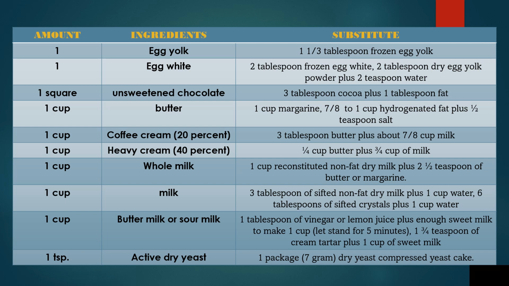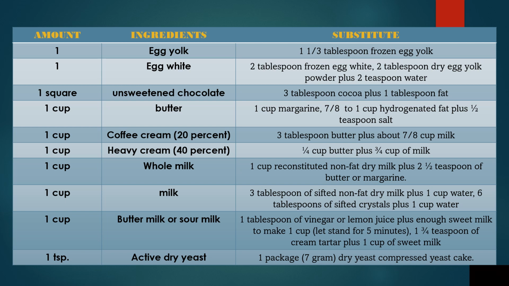Okay, so next natin is 1 cup of heavy cream of 40%. Pwede natin siyang i-substitute sa 1/4 cup butter plus 3/4 cup of milk. And then 1 cup whole milk, pwede natin siyang i-substitute sa 1 cup reconstituted non-fat dry milk plus 2.5 teaspoon of butter or margarine.